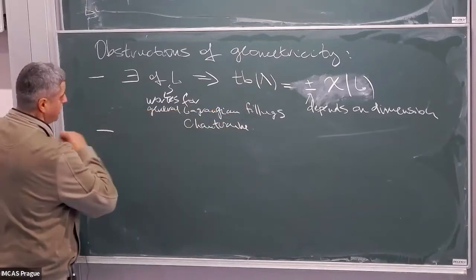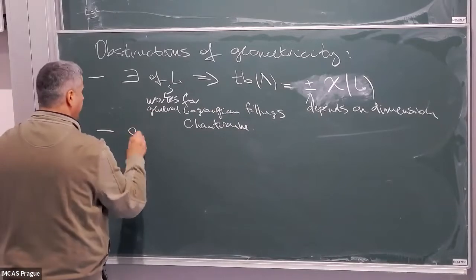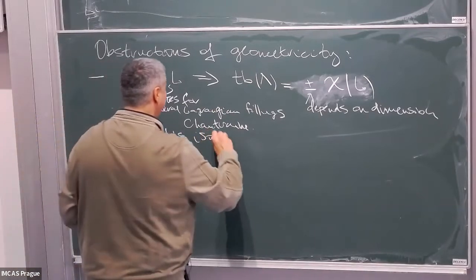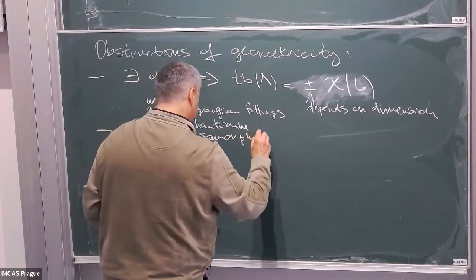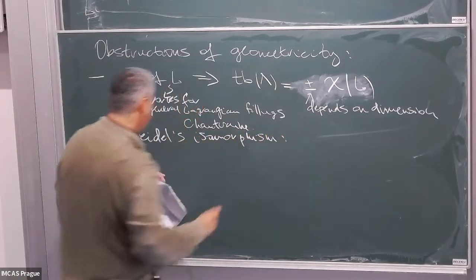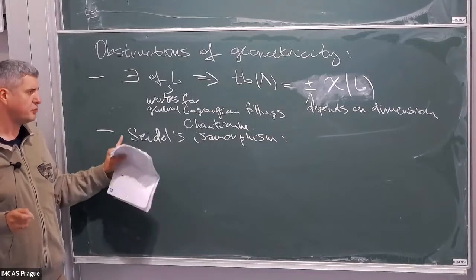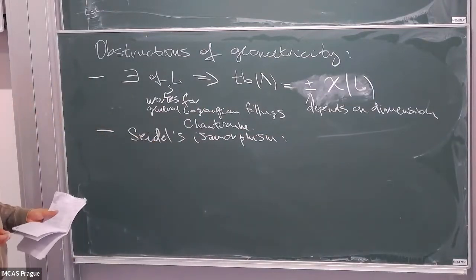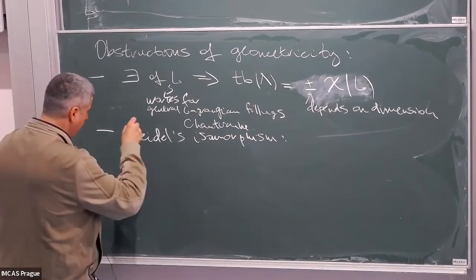The more important obstruction is the so-called Seidel isomorphism. Some people say not just Seidel, but the isomorphism of Seidel, Ekholm, Dimitroglou Rizell. Basically, it says the following.